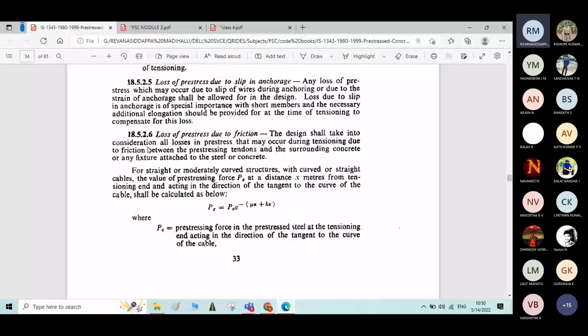Yes, it is page number 33, not 25. Here we have that formula. Actually this Px is the stress at a distance x, which is equal to P naught into e power minus mu alpha plus Kx.